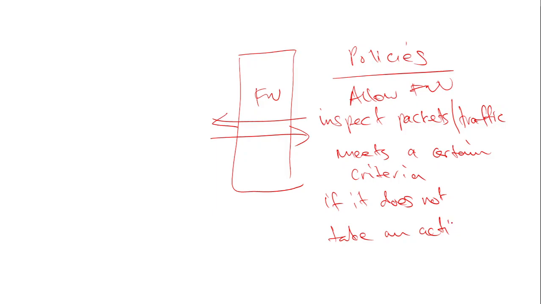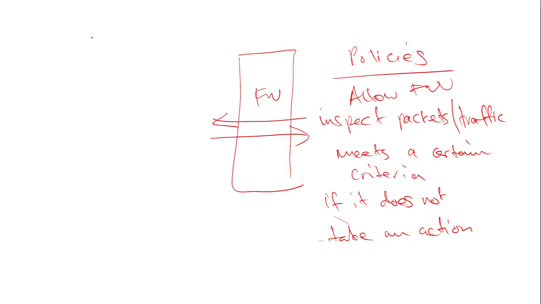So we are telling the firewall to inspect incoming and outgoing traffic to see whether it meets a certain criteria, and if it does match that criteria, to take a certain action.